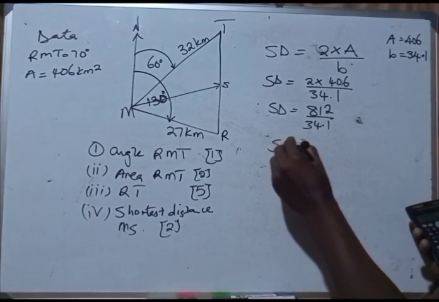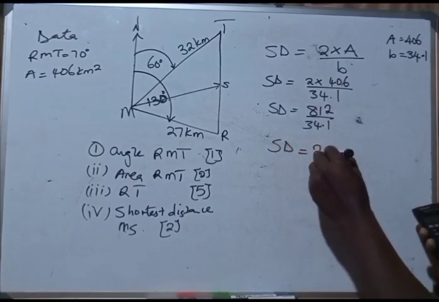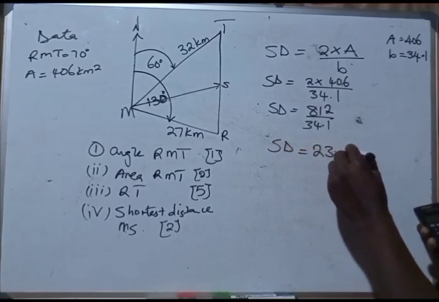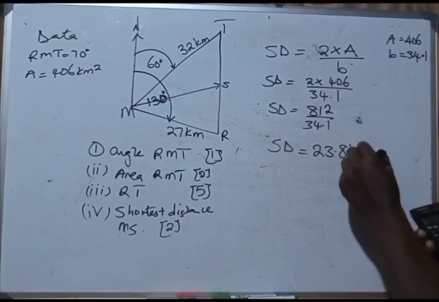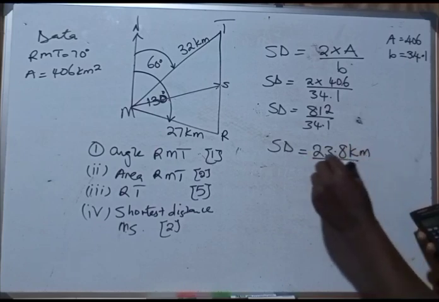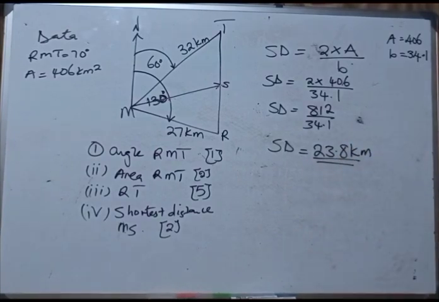So the answer for shortest distance we are getting is 23.8 kilometer. This marks the end to our question. Thank you.